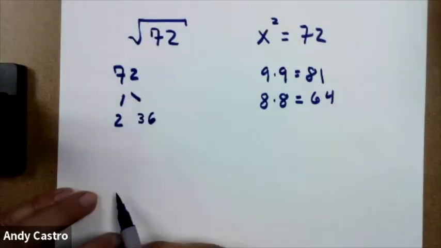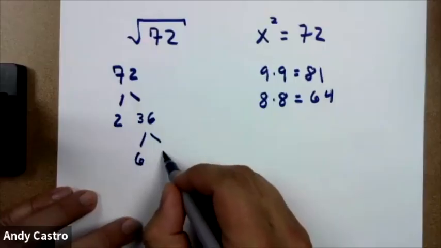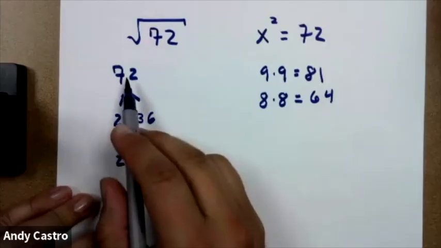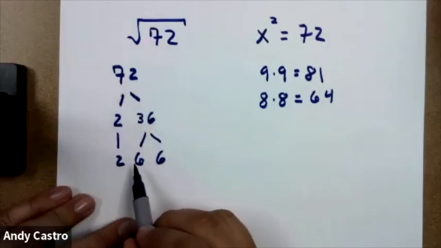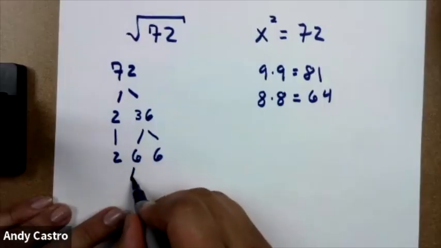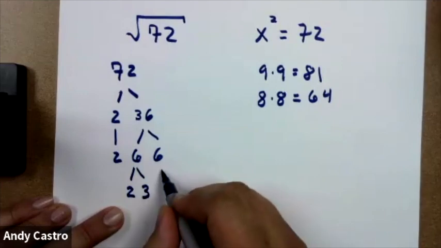2 is a prime, so that's going to carry all the way down. 36, though, I know that's 6 times 6. And so here, 2 times 36 is 72. Then here at this level, 2 times 6 is 72. Let's keep going. 6, the two primes that multiply to give me that are 2 and 3.